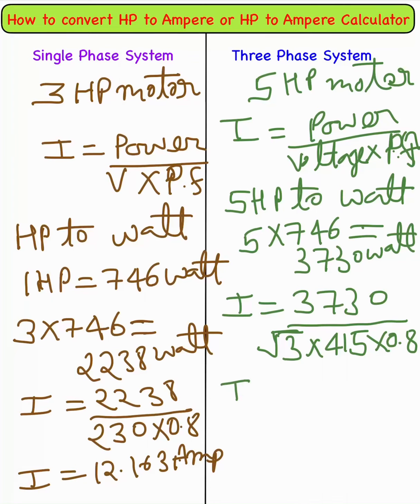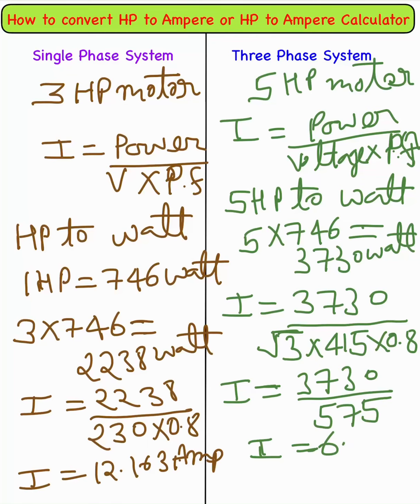So the current is 3730 divided by 575, and current is equal to 6.486 ampere.